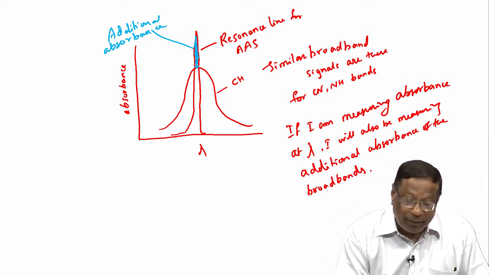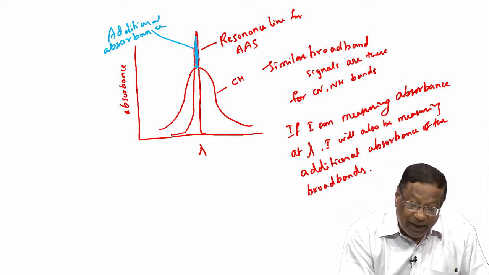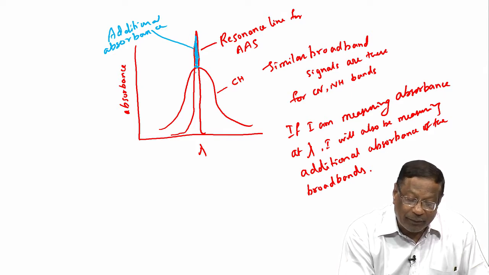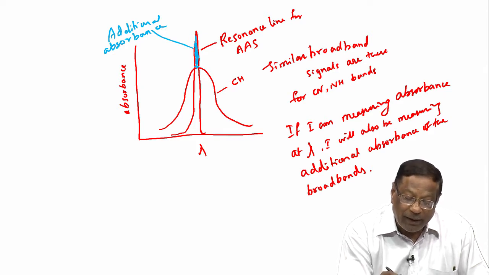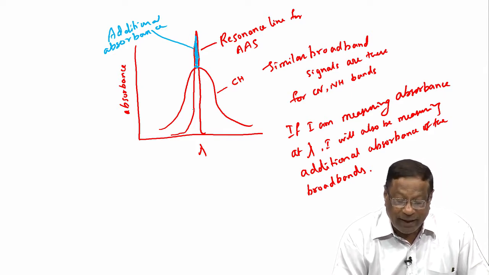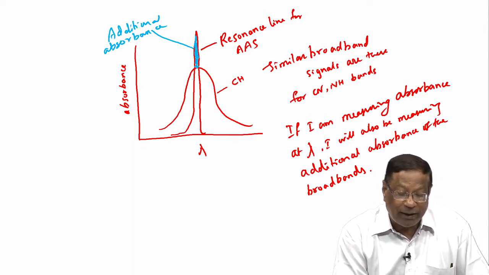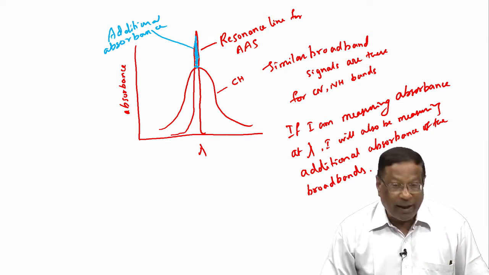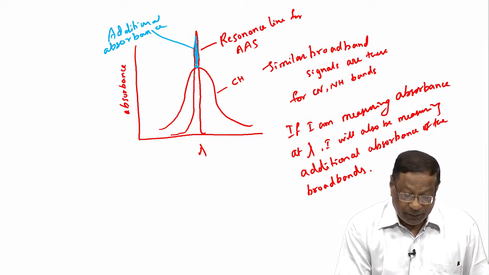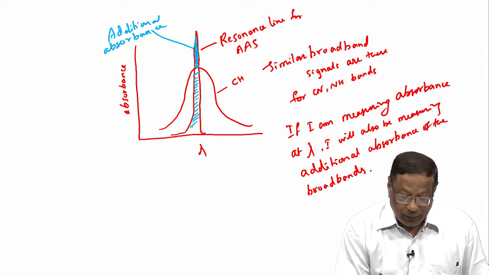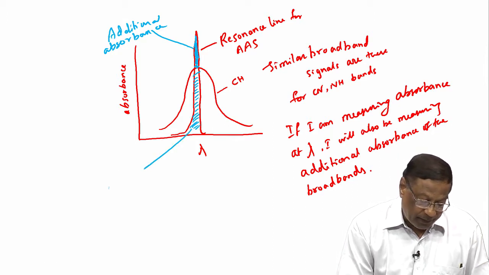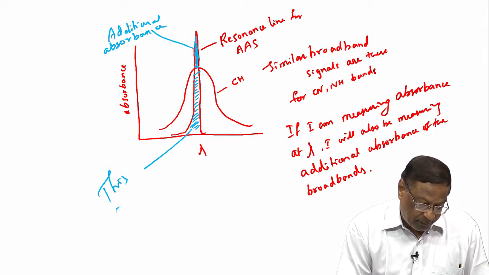Therefore, what I should be measuring? I want to measure only the resonance line, but this is the additional information that I am getting, because this portion also belongs to this absorbance.